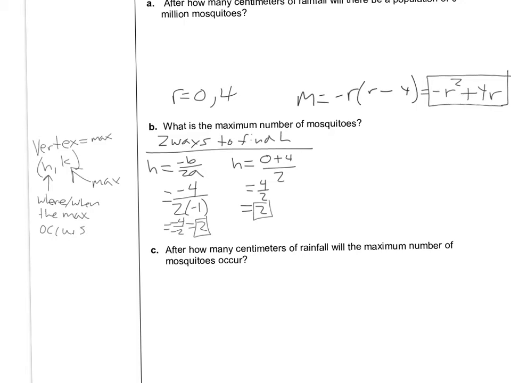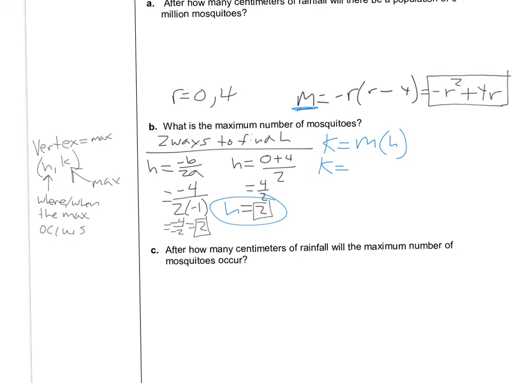All right, remember, now you need to find your K value. So K is really like saying F of H, but in this situation it's not F, it's M. So I'm going to say it's M of H. So to find K, I take the H value, which I know to be 2, and I plug it into this function.